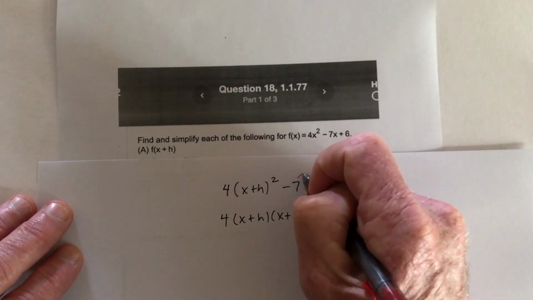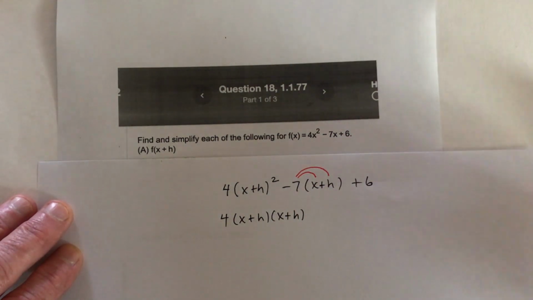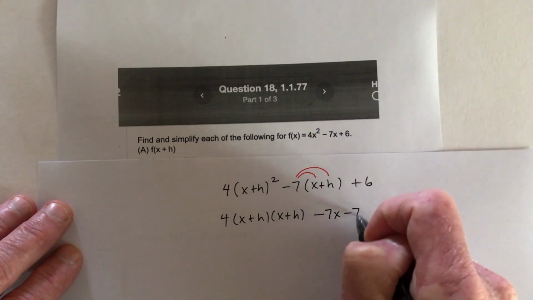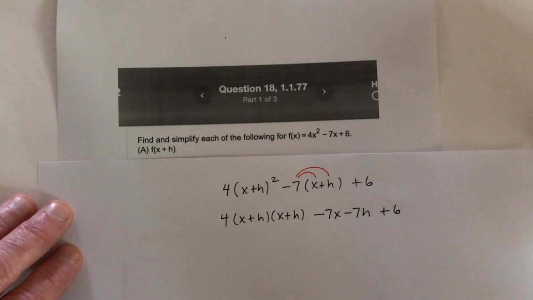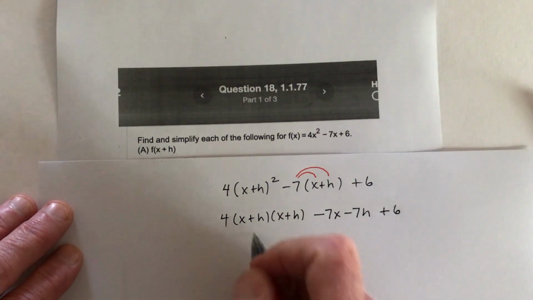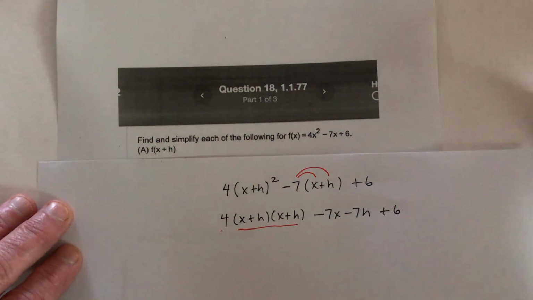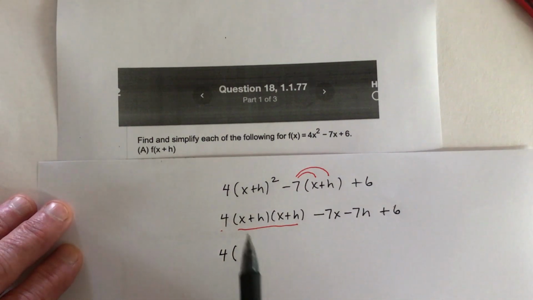I just want to make sure I don't forget about this other stuff, so I'll go ahead and do that now. Distribute the -7, so that's -7x minus 7h, and copy down the plus 6. Now I'm going to multiply out this part. I'm going to leave the 4 for later, so the 4 can wait patiently while I do this work.